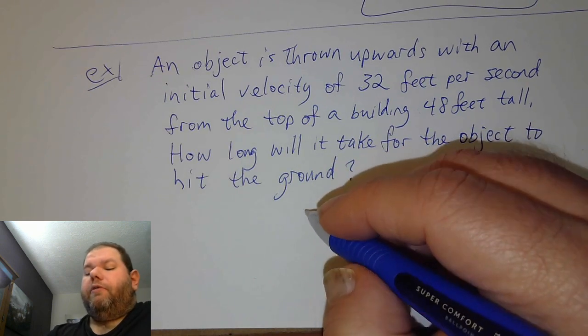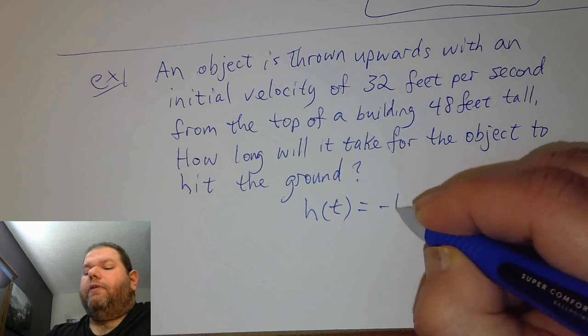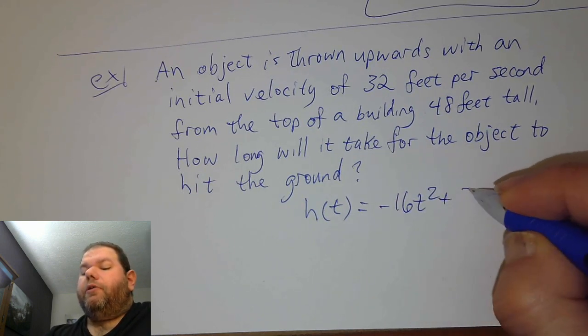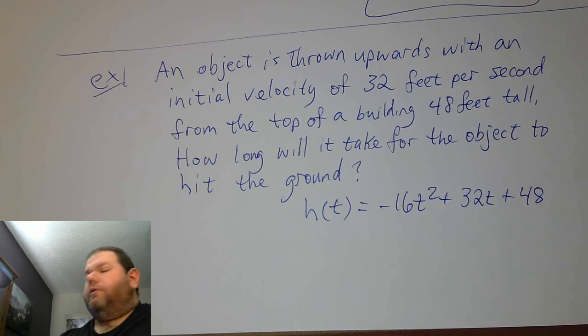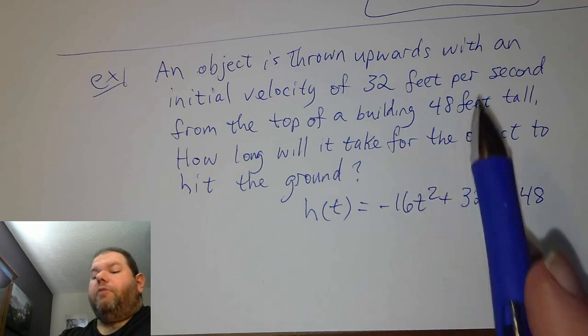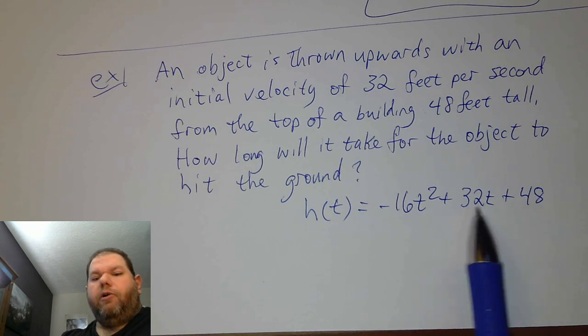So let me go ahead and give you the figure. The height after time t is negative 16t squared plus 32t plus 48. Now you can probably see where the 32 and the 48 have gone. That's those two parts of the equation.